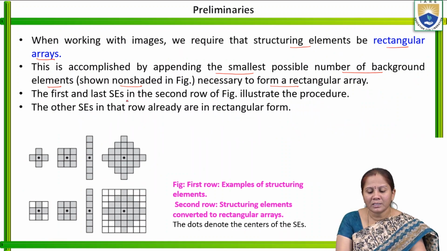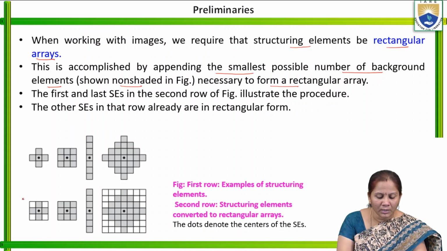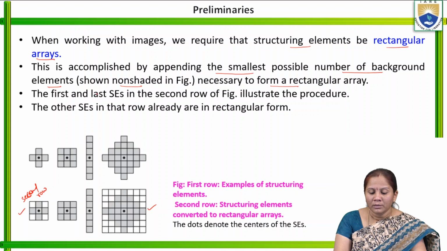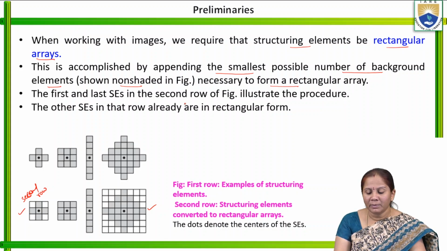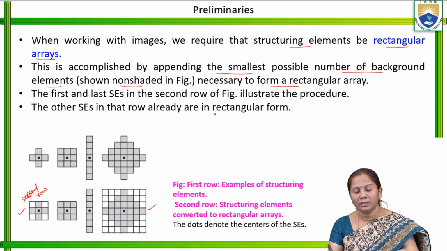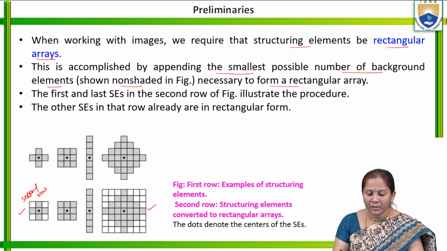The first and last structuring elements in the second row illustrate the procedure, and the other structuring elements in the row are already in rectangular form.